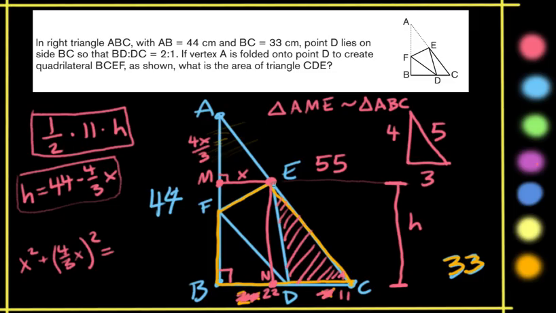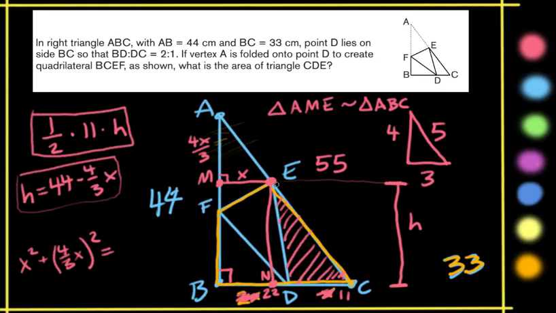So what is that distance? Well, we don't know yet. We know the total distance is 55. Let's see what we can do. We could make another right triangle.